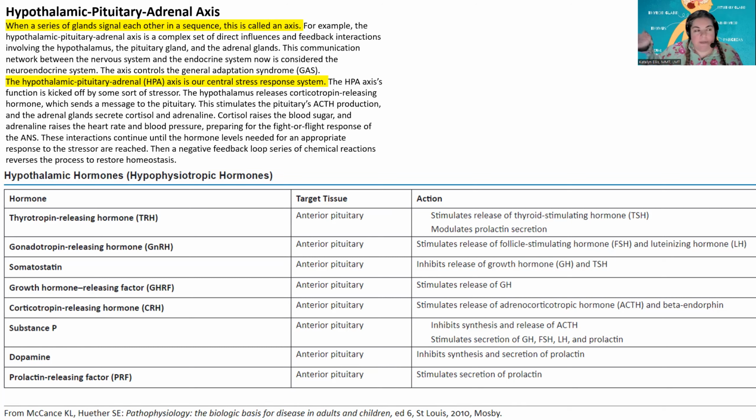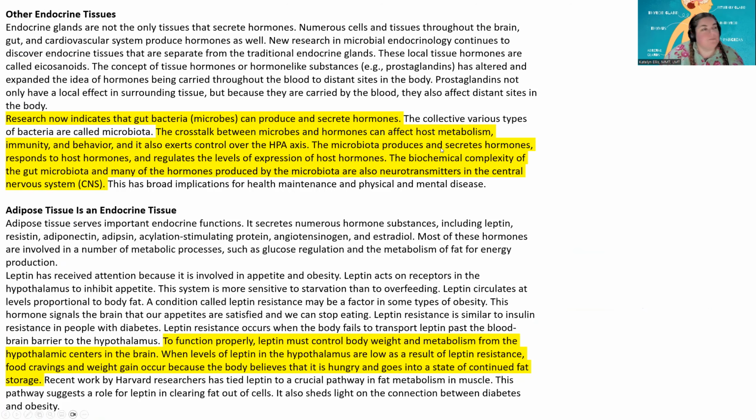That's what happens. The hypothalamus signals the pituitary gland, which then signals the adrenals. And we're going to talk about the adrenals and cortisol in more detail in just a moment. You are more than welcome to pause this to read this page, look at this table, but I will talk about these things in detail in just a moment.